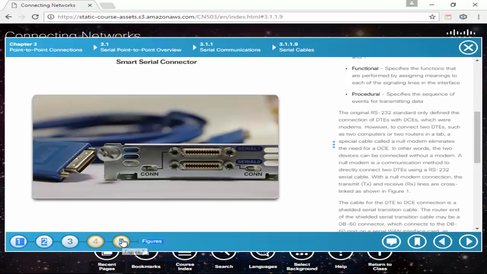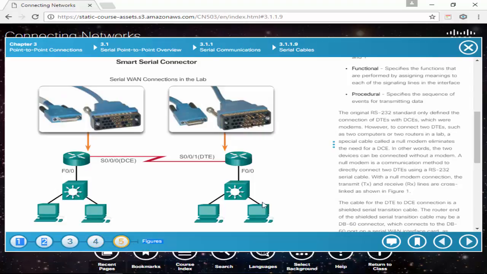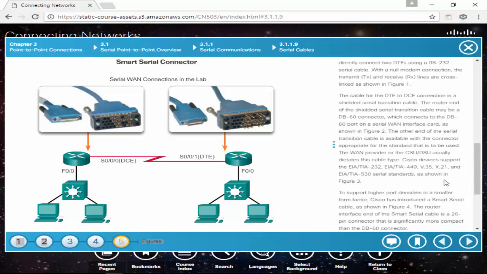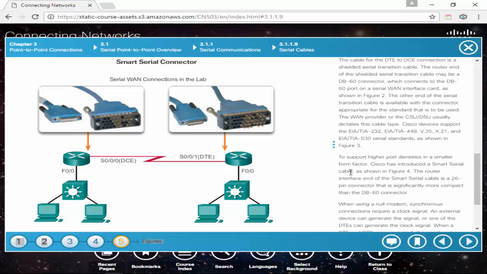Anyways, once again, you're not going to be tested on this too much. The only thing you need to know is that the DCE sets the clock rate. It needs to have a clock rate.